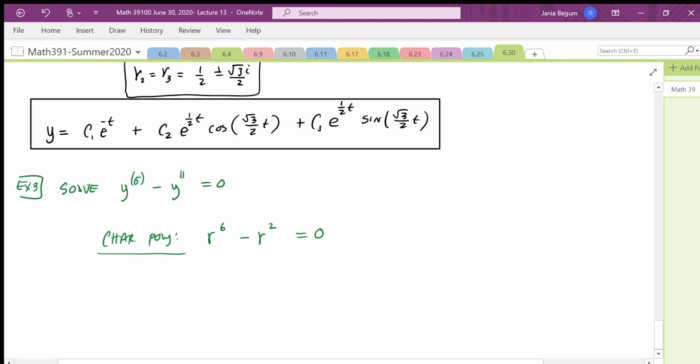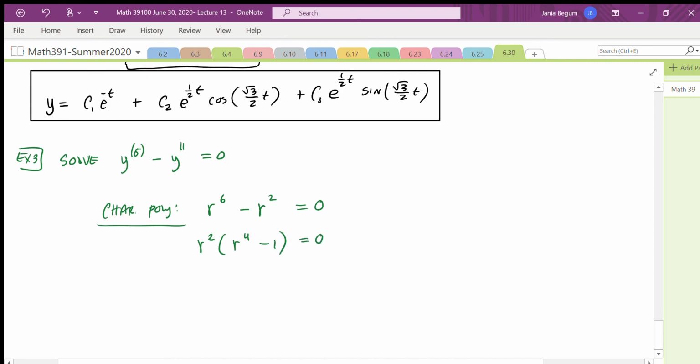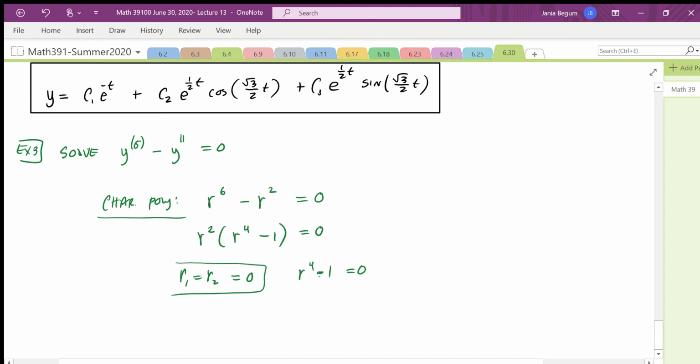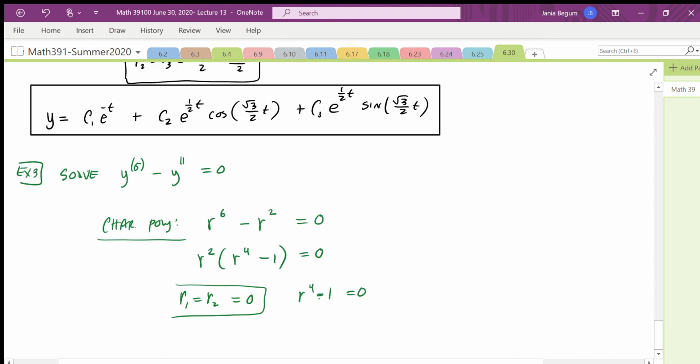And then from here again, looks like factoring is still going to work. So let's go ahead and use it. So we pull out our square, so we have r to the 4 minus 1 equals 0. So r squared will give us 2 roots, so we have repeated. So we have r1 is equal to r2, which is 0. So we have 2 repeated. And then r to the 4 minus 1 will give us 4 more roots, but we already solved that previously.